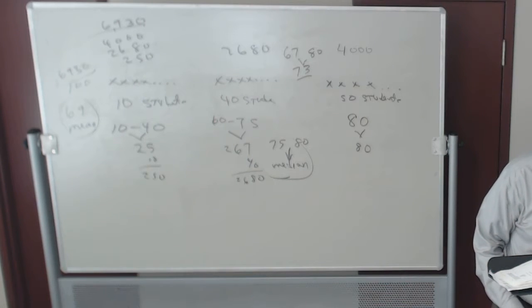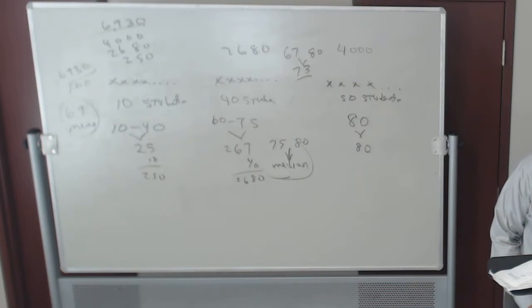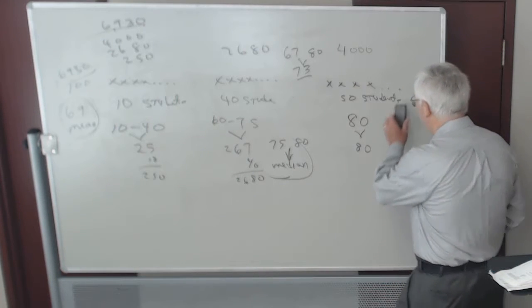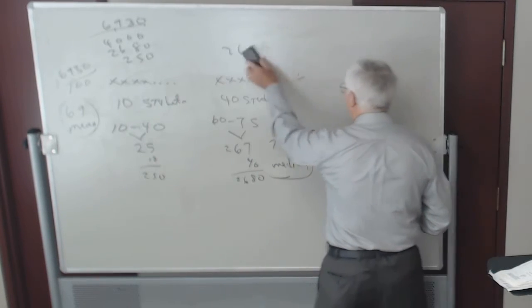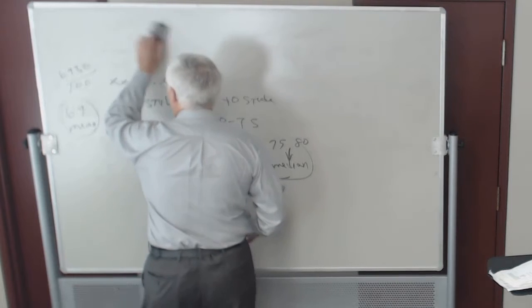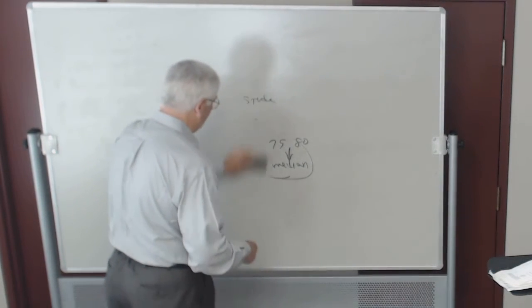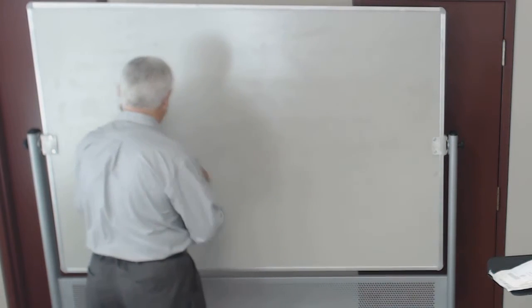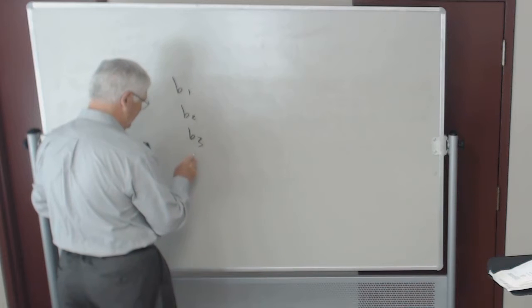Gretchen owns five $5,000 municipal bonds. You ready for me to erase it? Bond 1, bond 2, bond 3.